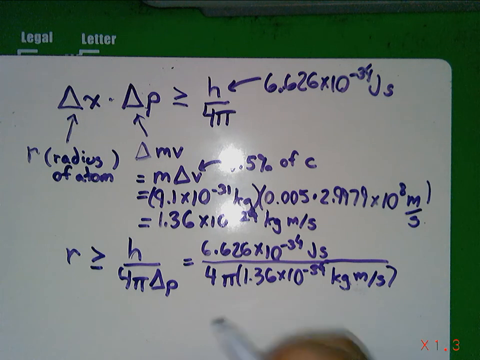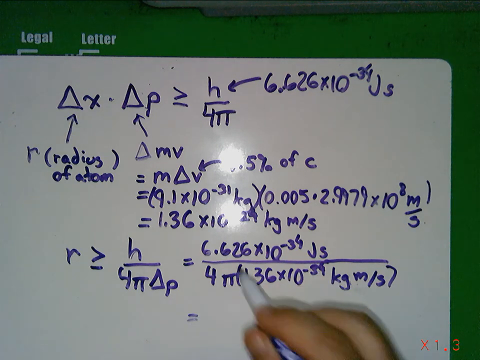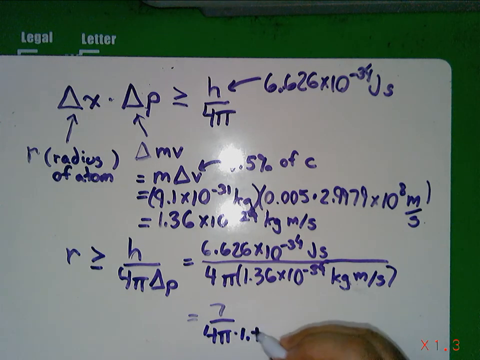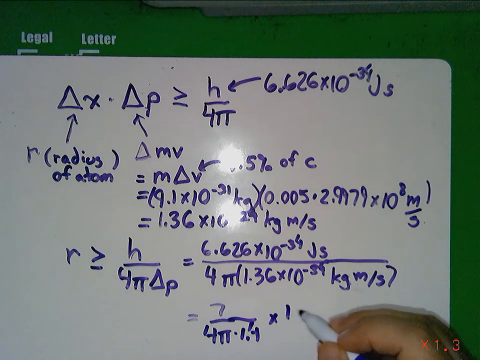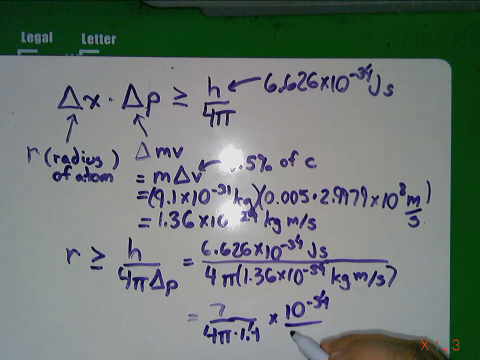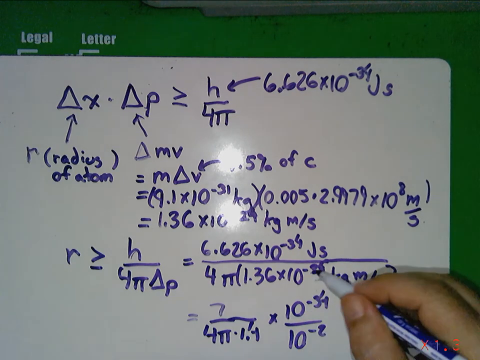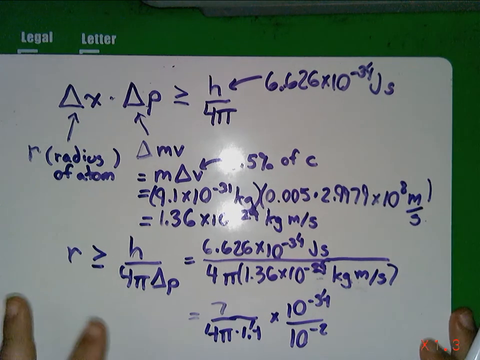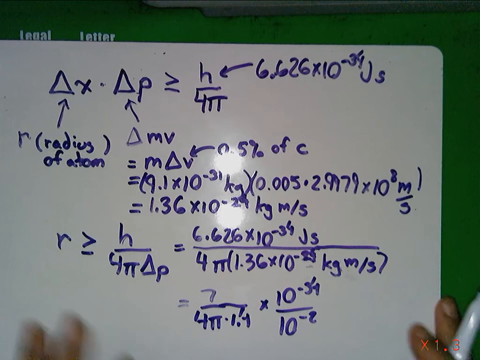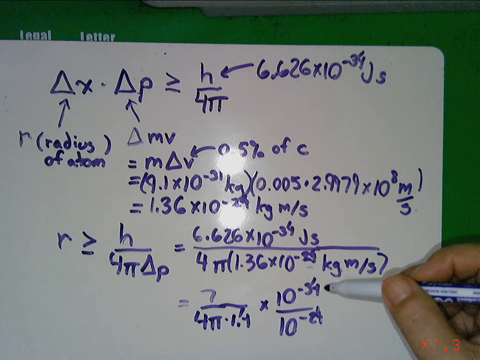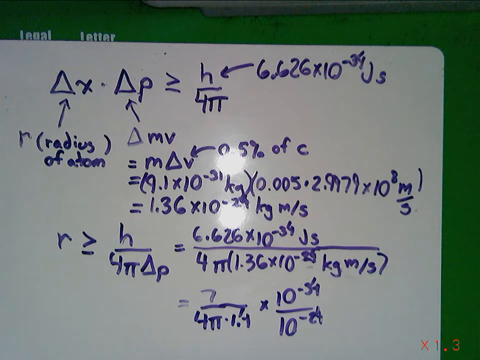Let's factor all of this stuff out, and I get something that's, let's call this 7, 7 over 4 over pi over 1.4 times 10 to the minus 34 over 10 to the minus 24. Now 10 to the minus 34 divided by 10 to the minus 24 is 10 to the minus 34 plus 24, so it'll be 10 to the minus 10.